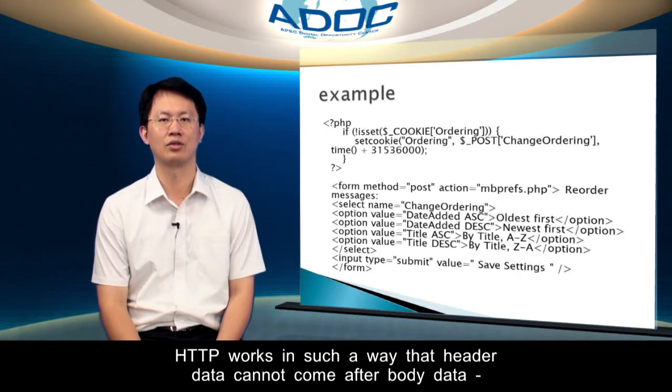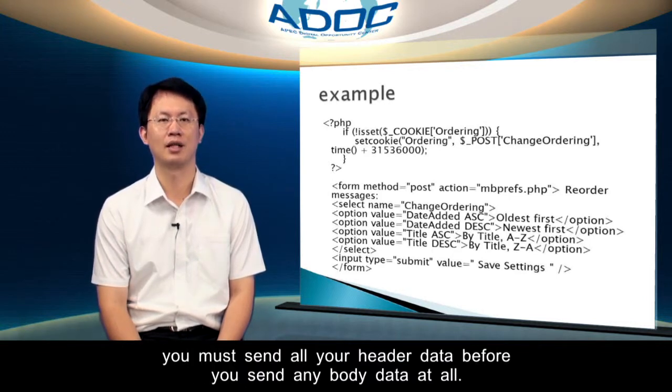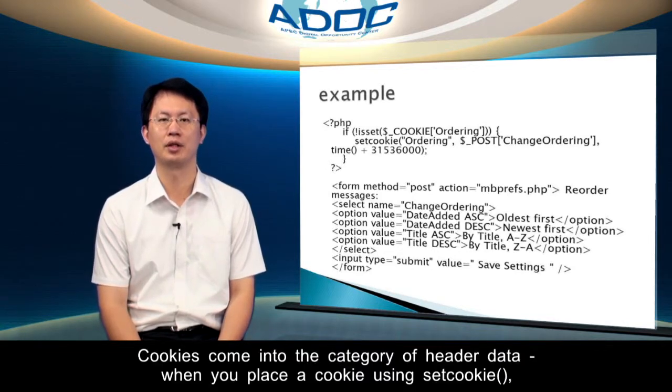HTTP works in such a way that header data cannot come after body data, and you must send all your header data before you send any body data at all. Cookies come into the category of header data.